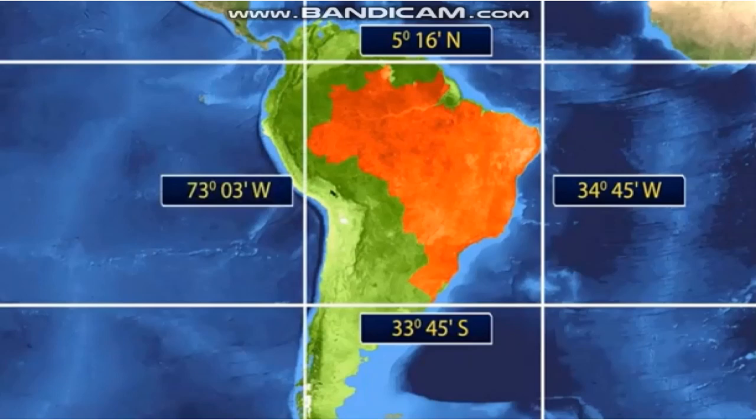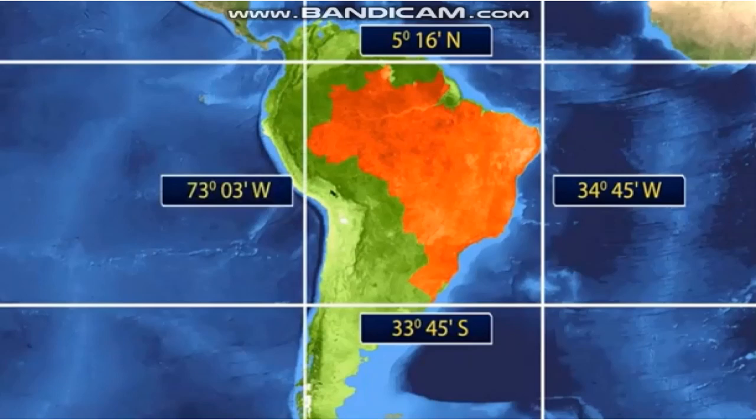Now this is north, and this is south. Why? As I told you just now, some part of Brazil lies in the north and most of the part of Brazil lies in the south, and this is in the western hemisphere.